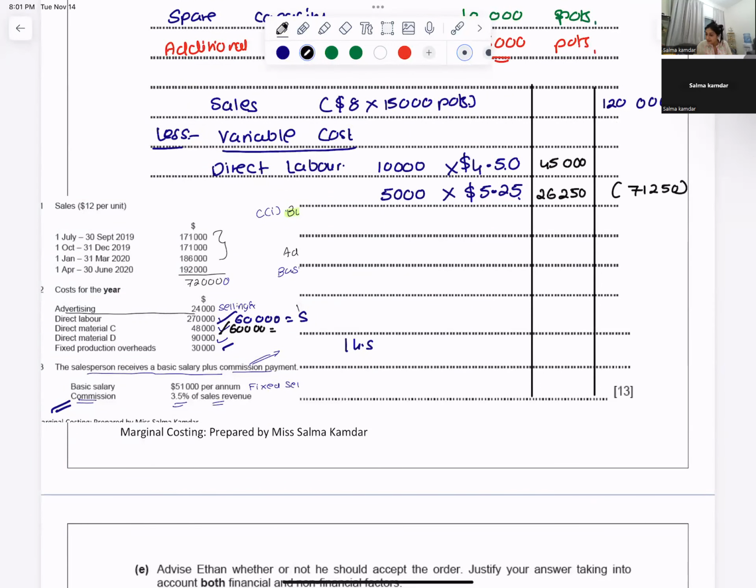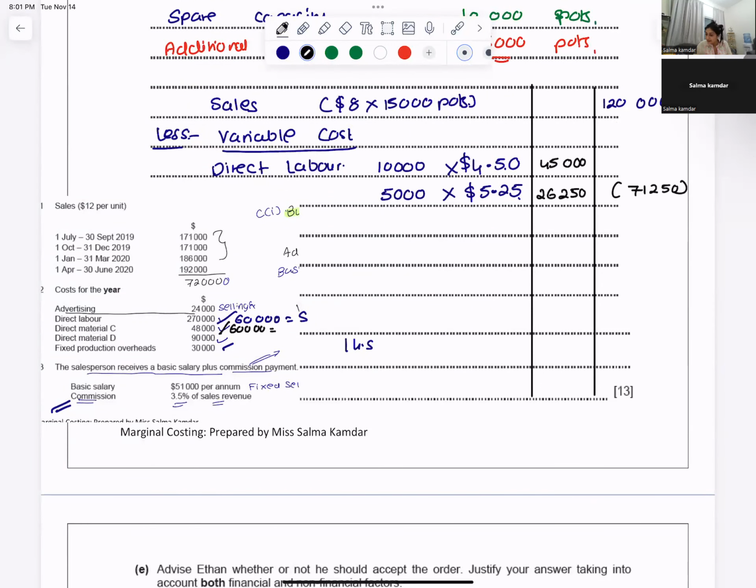Sales minus the variable cost would give me the profit. This is the budgeted profit for additional order, the additional profit or loss for this order at $8 per unit. Advise Ethan whether or not you should accept the order.